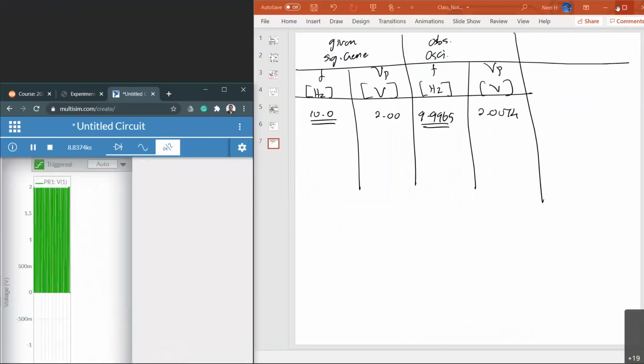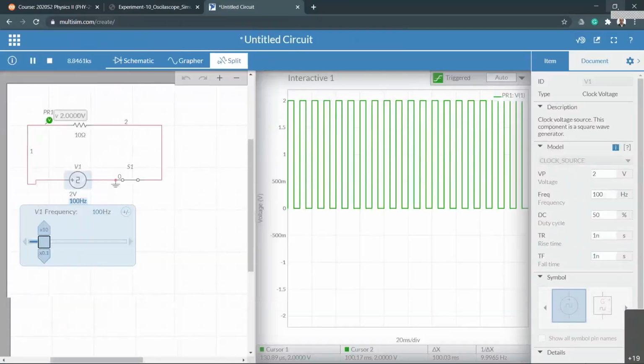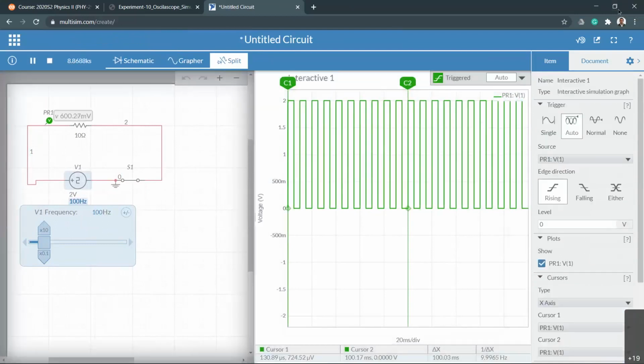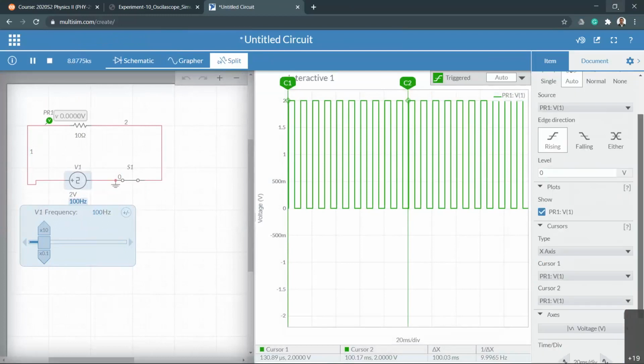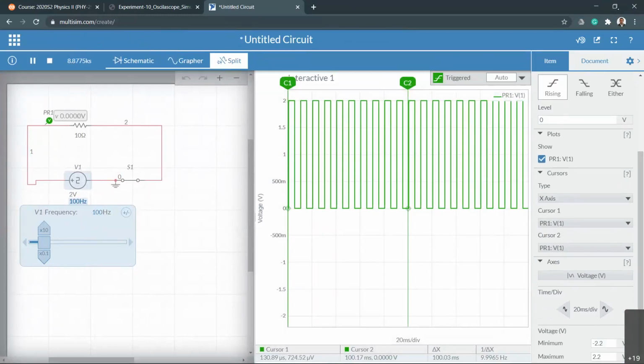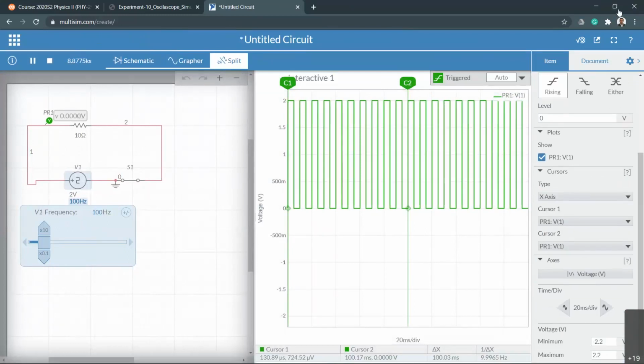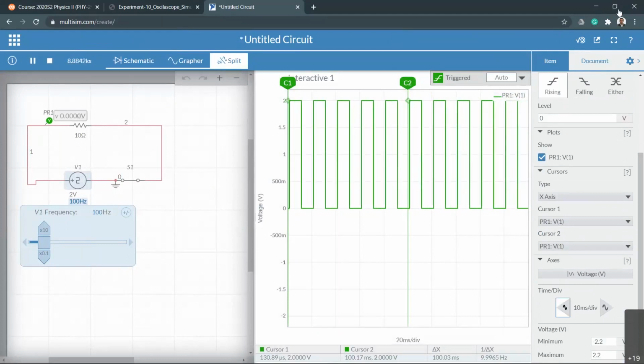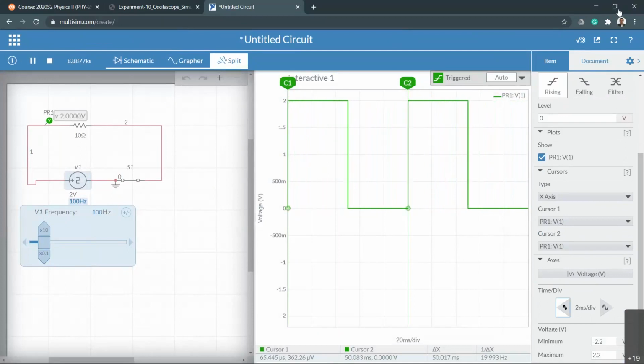And now you can see you have to change the x-axis again, time per division, to see a nice wave. It's not really nice there. To change that, click on the x-axis, then click and drag the right-hand side bar, and change this time per division value until you see one nice single wave, okay?